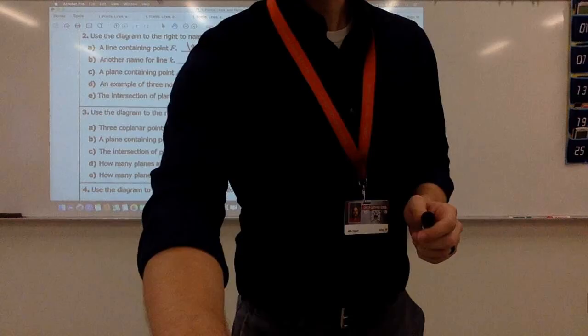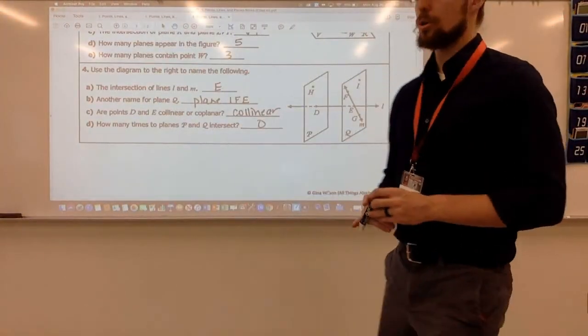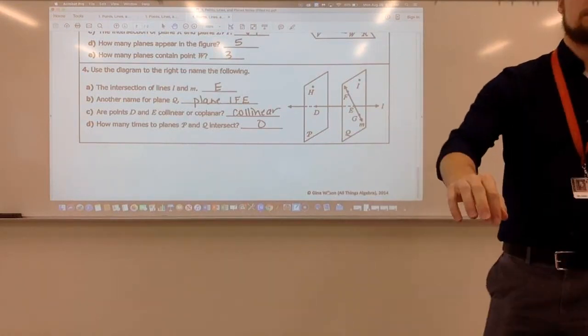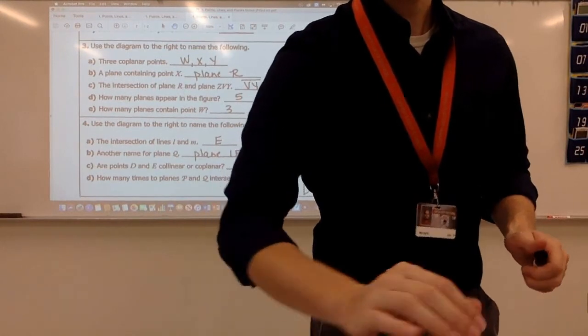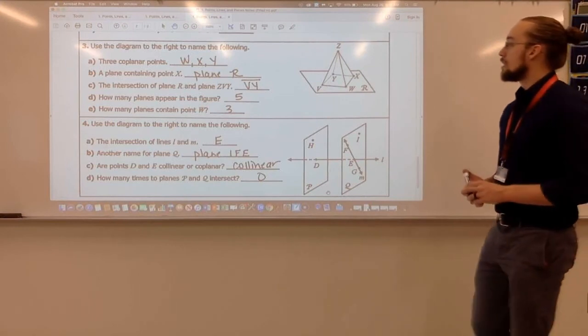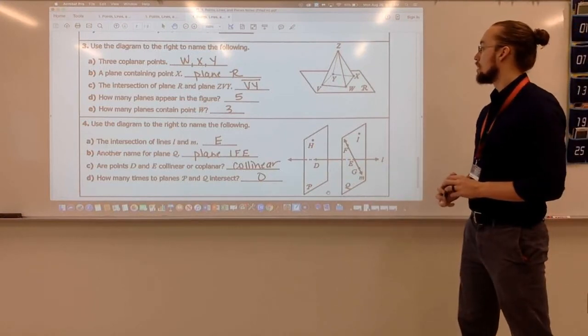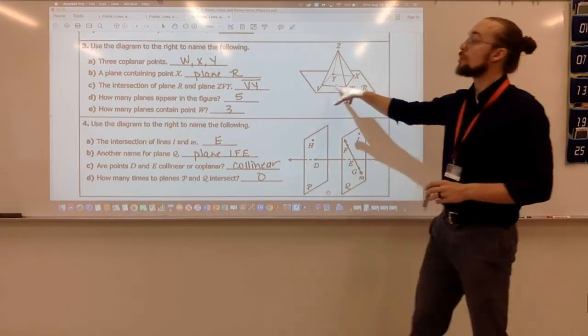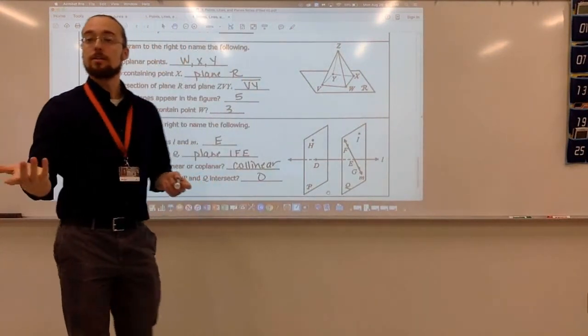All right, then take a look at 4. Number 3, it says 3 pictures. How do we do that? X, Y, I'm not on that, but isn't that all the same? X, Y, and W? So coplanar just means on the same plane.